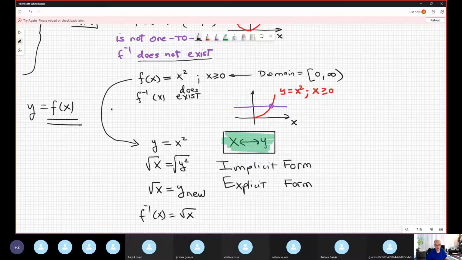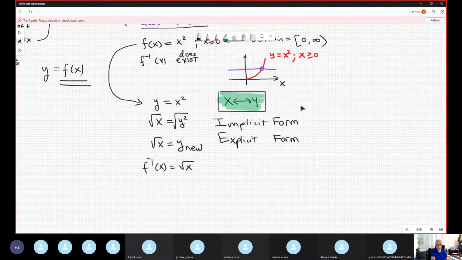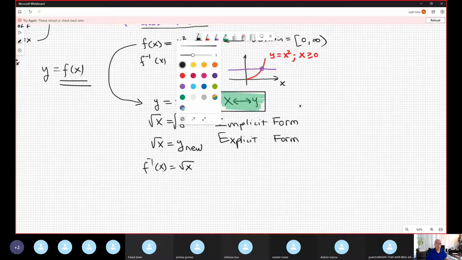So the inverse function equation is square root of x. And it's totally expected. It's not new. The inverse function for the square root is the square power, or the inverse function for the square power is the square root. But the only confusing part, at least for me, is whether you put plus and minus here when you apply the square root.